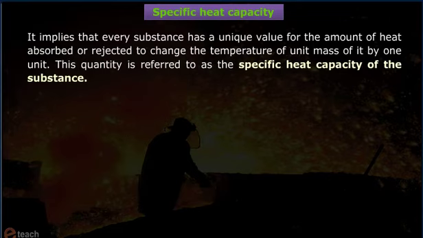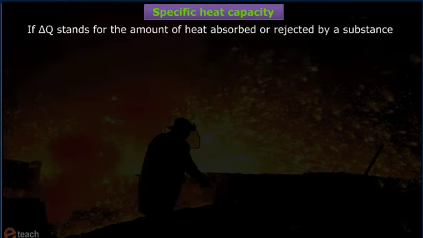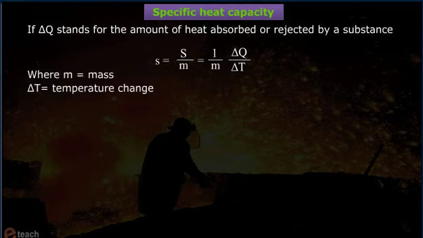This quantity is referred to as the specific heat capacity of the substance. If delta Q stands for the amount of heat absorbed or rejected by a substance, s equals S by m equals delta Q upon m delta T, where m equals mass and delta T equals temperature change.